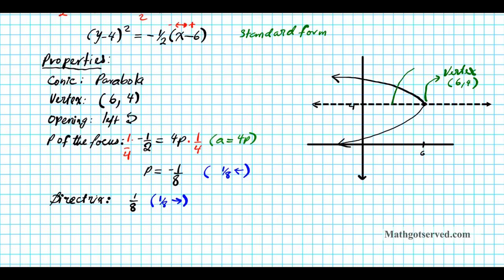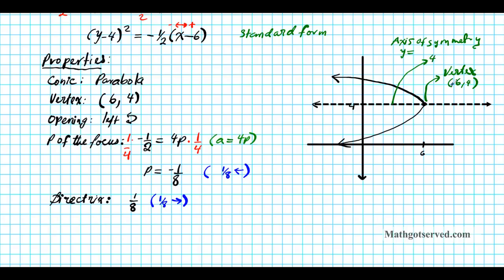This is your axis of symmetry. Our axis of symmetry has an equation of the form y equals the y coordinate of our vertex, which is 4. y equals 4.